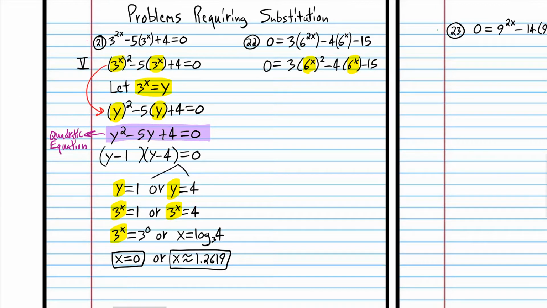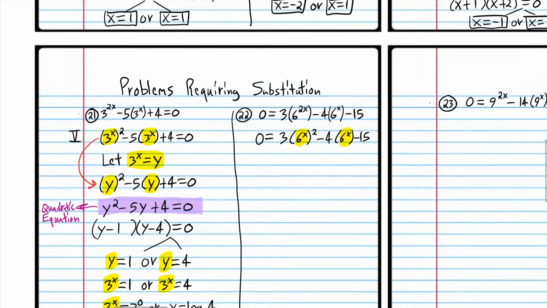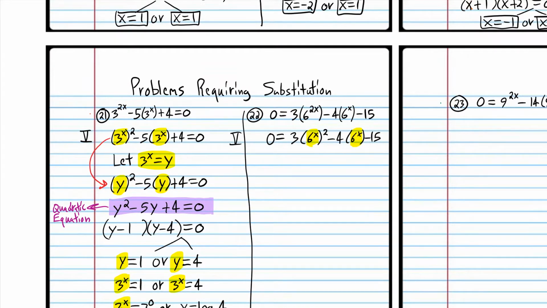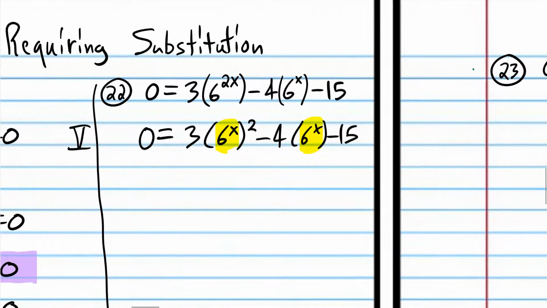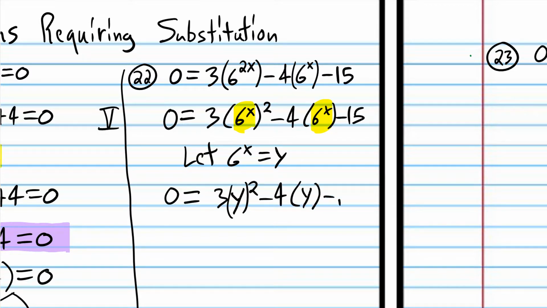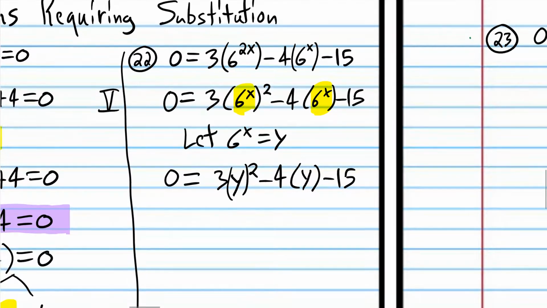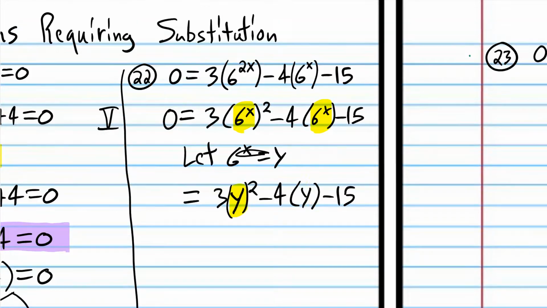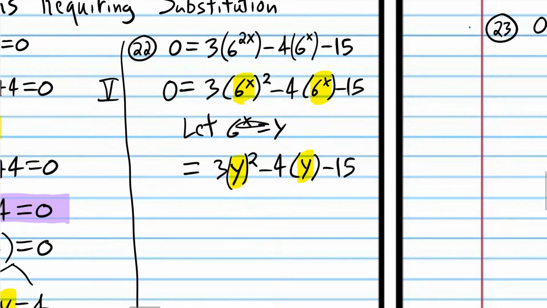That was rule number 5 in reverse. So now I'm going to let 6 to the x power equal y. So we end up with 3 times y squared minus 4 times y minus 15. I just substituted y for 6 to the x.